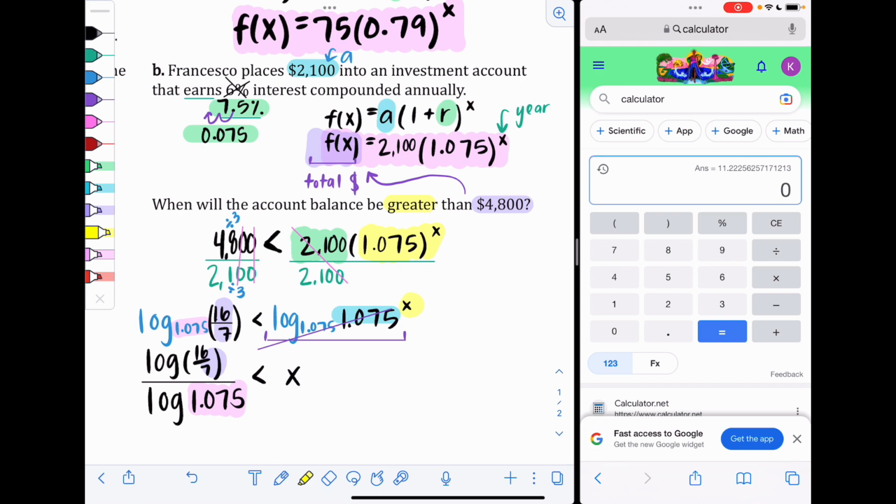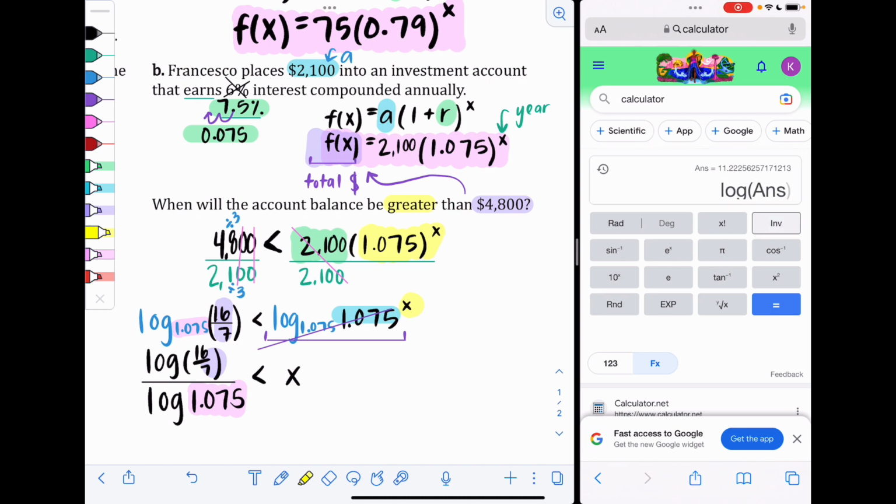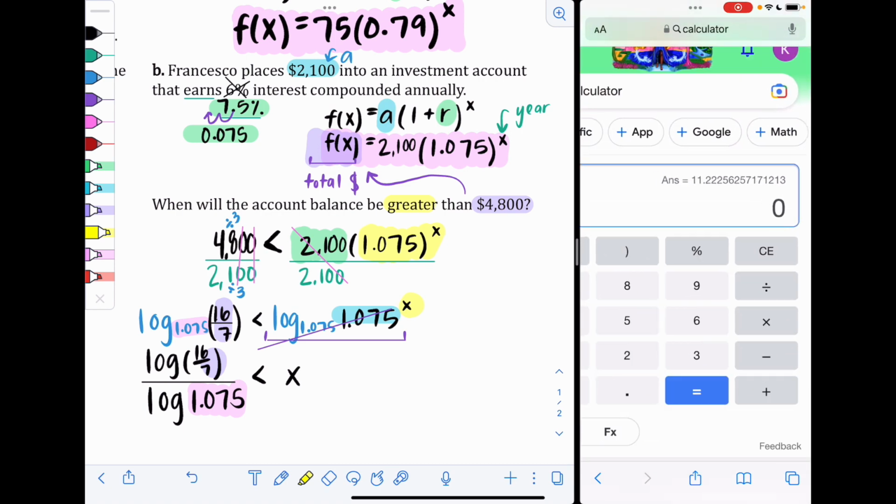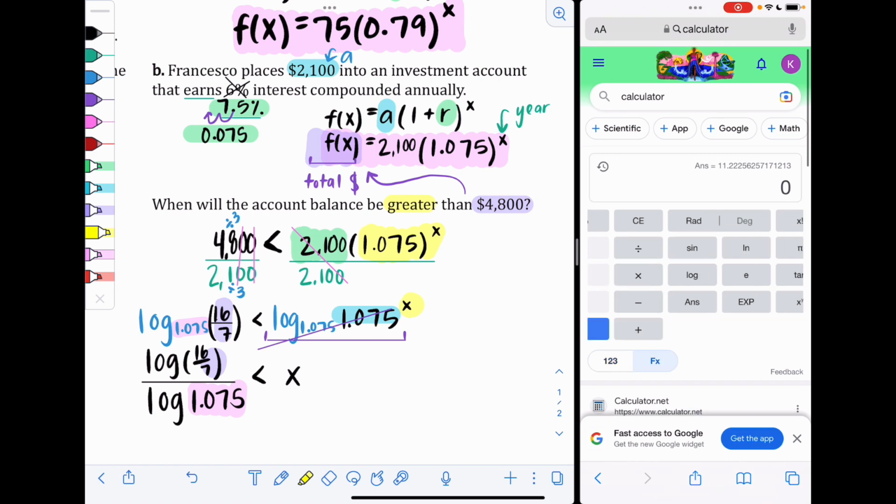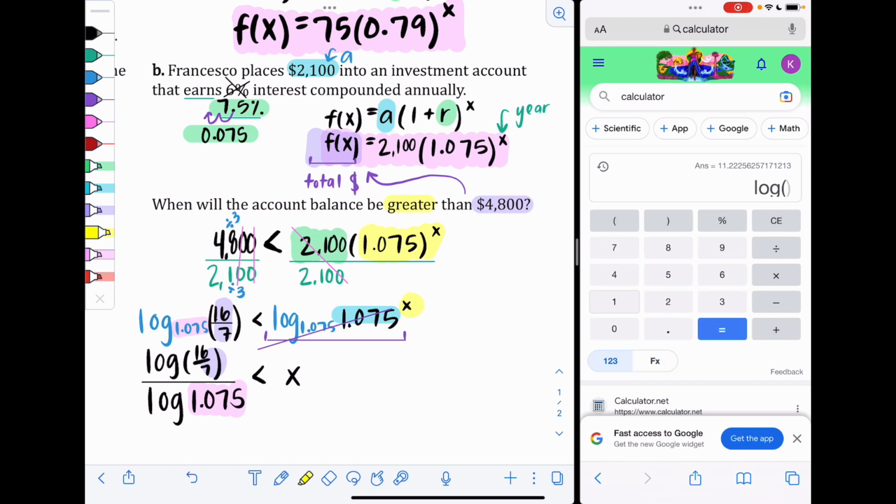Now this is something that we can plug into the calculator. We just have to be careful to do it all in one step. So we'll do log, and then of 16/7. Okay, sorry, it was bugging out on me. It was my own fault. One more time: log, and then go back, of 16 divided by 7, because fractions are division.